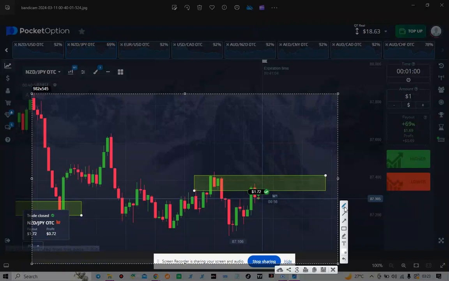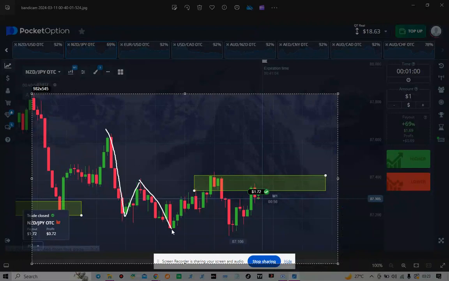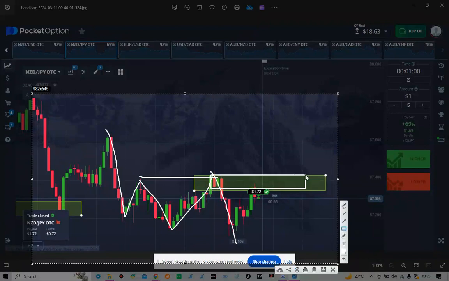I go with sellers here because after this movement to the downside, the market started to create lower high, lower low. Again, the price violated this high, then dropped. So now I use this as the supply, because the market also violated some small resistance here, and this also is a change of character.